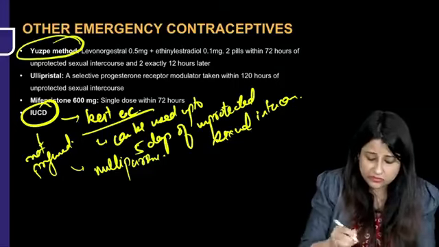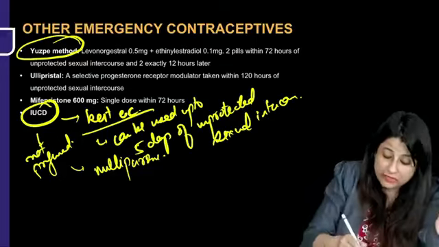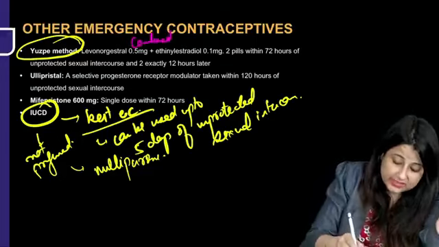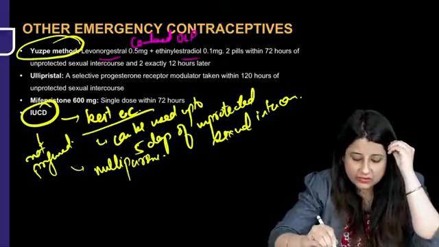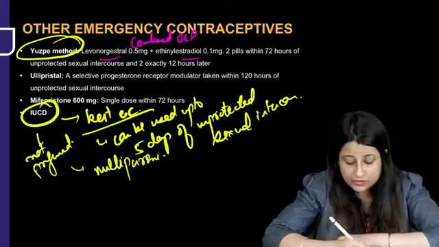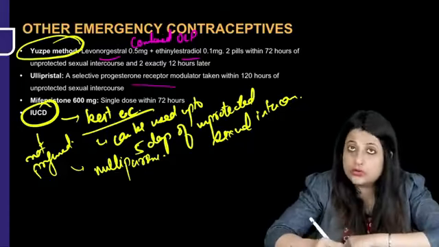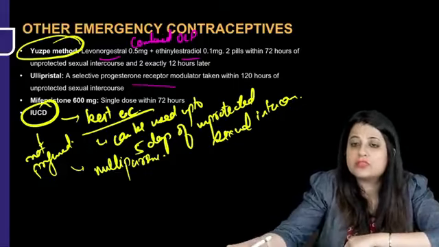Previously, just know the name, there was a method known as the YASP method, which is the combined oral contraceptive pill, with levonorgestrel as well as ethinyl estradiol. Ulipristal was also being used; it's a selective progesterone receptor modulator. And mifepristone, they ask you 'all the following can be used as emergency contraception except' something like that.